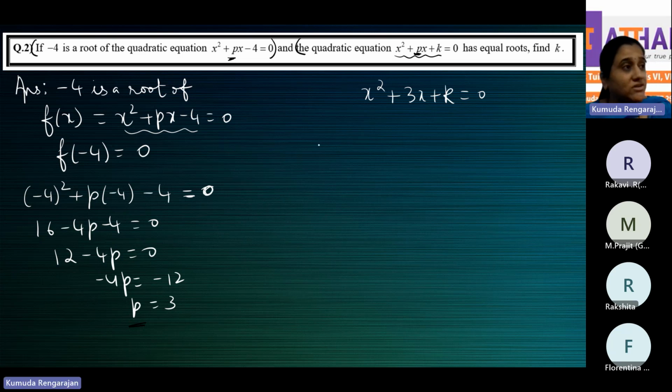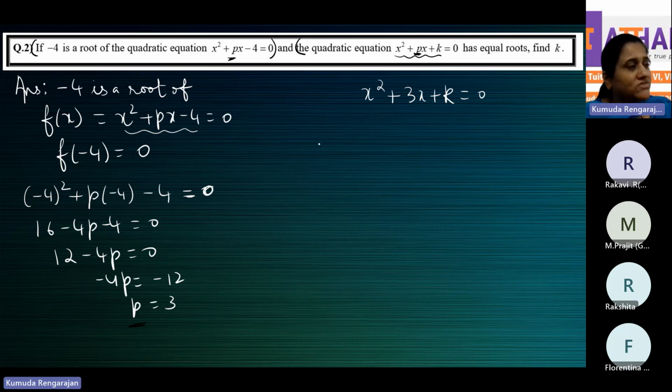For the second, it is given that the equation has equal roots. Two different things are given for the two equations. With the first, we are able to find the value of p.